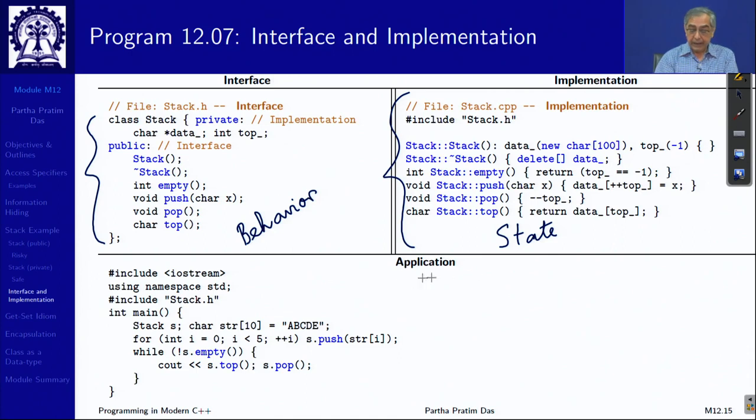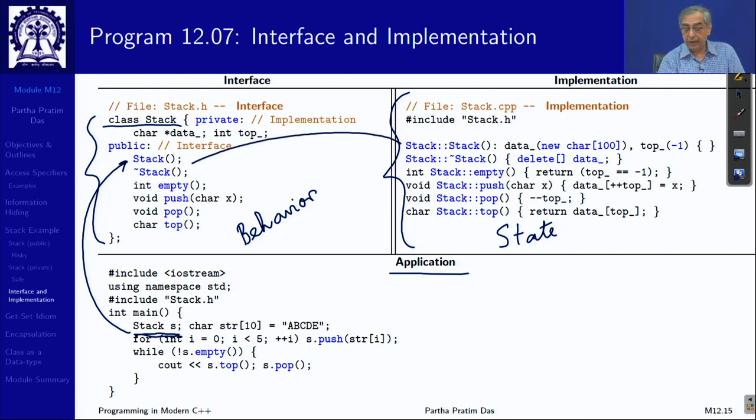You can see that the application finally, which is in yet another file, simply uses it as stack S. Knowing the stack, S will be able to call the constructor, which will actually call here.